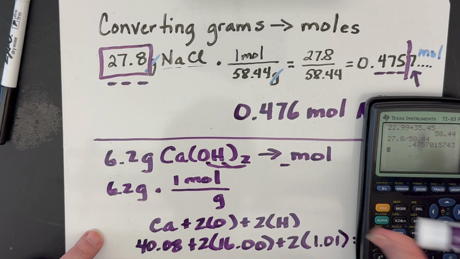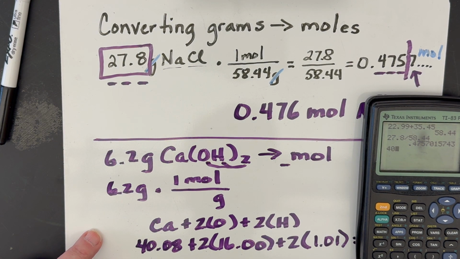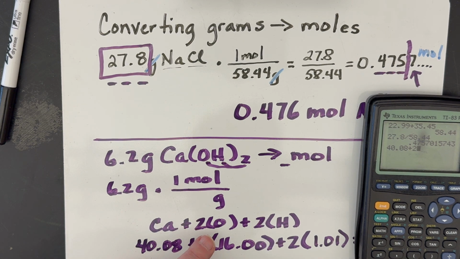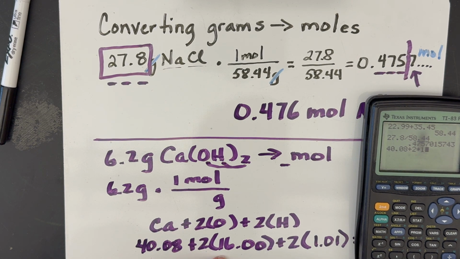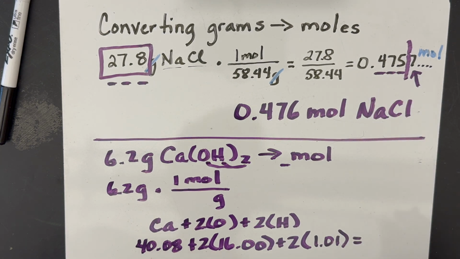So this equals 40.08 plus 2 times 16 plus 2 times 1.01 equals 74.1 grams per mole.